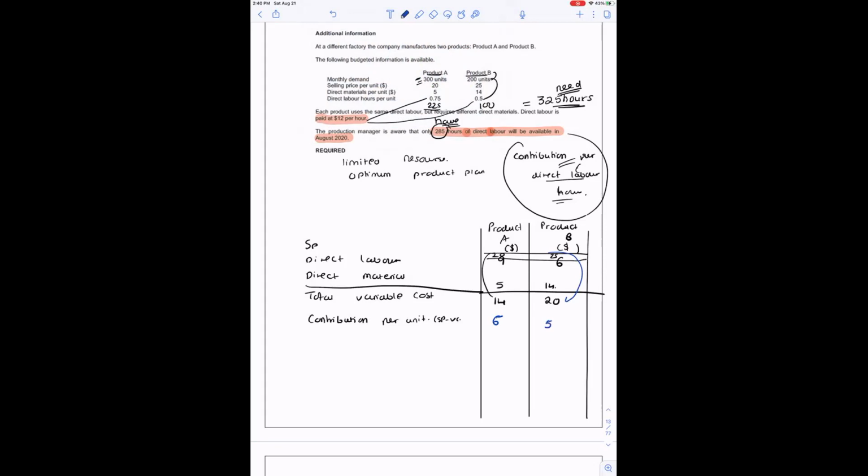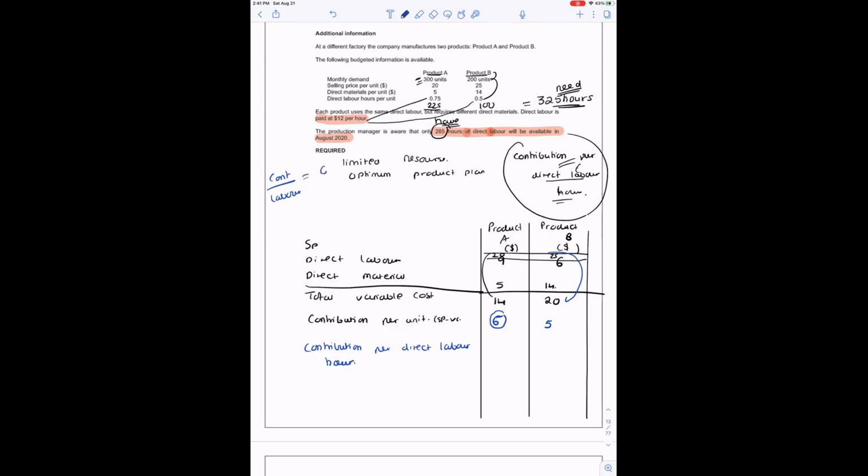You have to calculate contribution per limited factor that you have. So now I will find out contribution per direct labor hour. What is the contribution per direct labor hour? Per unit, 6. Contribution upon labor hour will give me the contribution per direct labor hour.